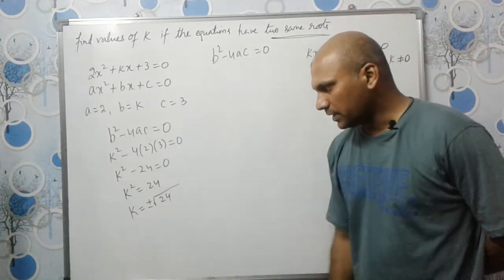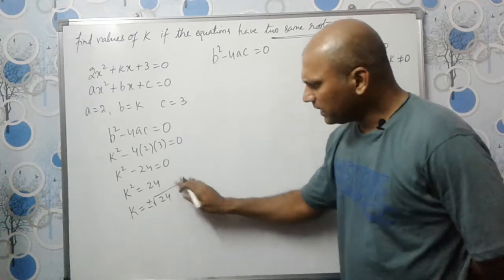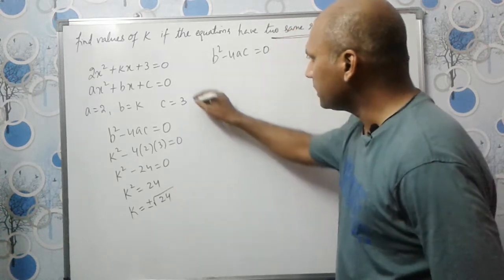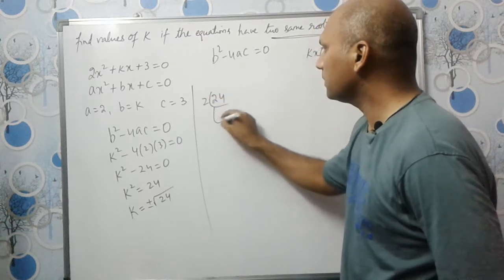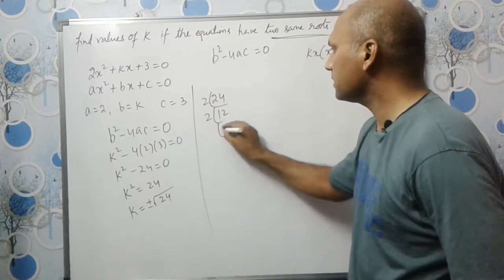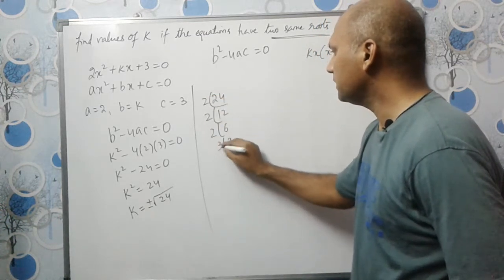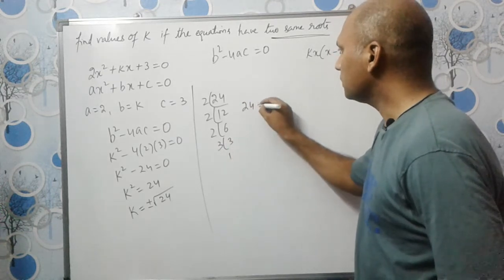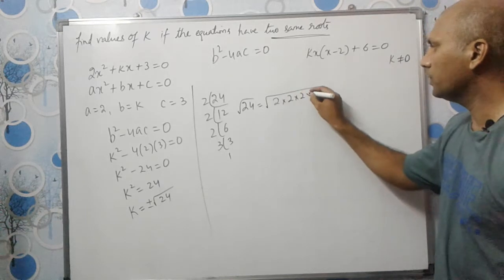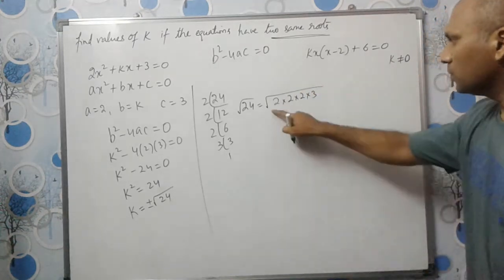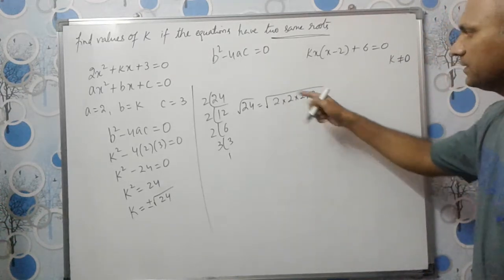I hope you understood this. So we can write root 24 in simplified form also. See, 24 is 2 into 2 into 2 into 3. 2 2s is 4, 4 2s is 8, 8 3s is 24.